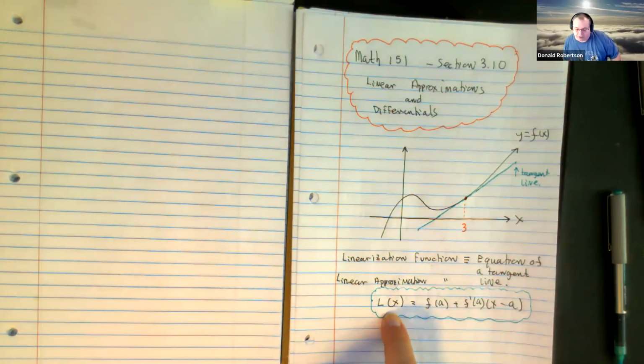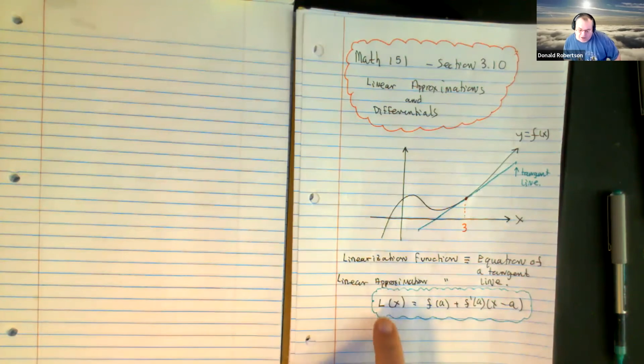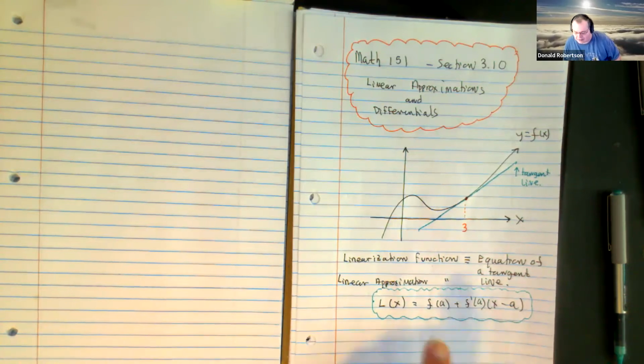This is the linear approximation function at x equals a. This is the linearization function at x equals a. This is the equation of a tangent line at x equals a. So it's 3 names for the same guy. Are you comfortable with different names for the same guy?